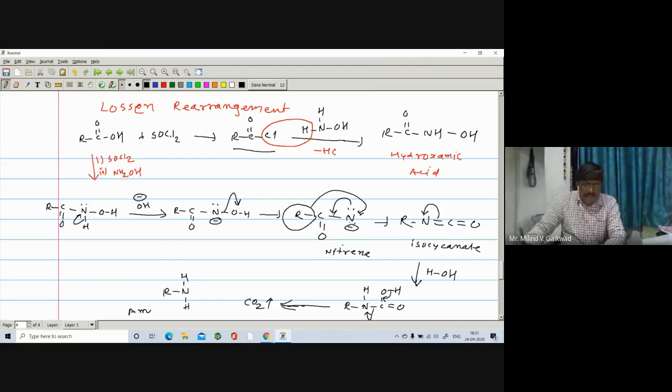So what have we done? We start from acid, we convert into acid halide, react with hydroxylamine. There is a formation of a hydroxamic acid, and this hydroxamic acid in the presence of alkali gives the corresponding amine.